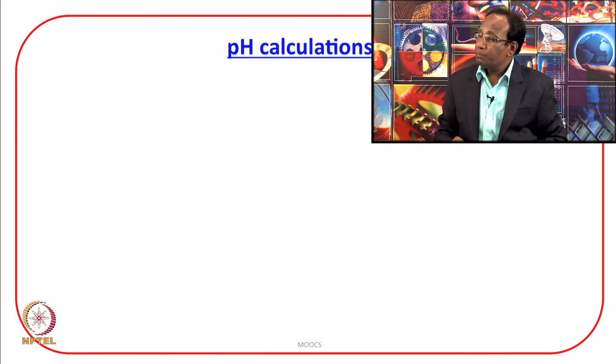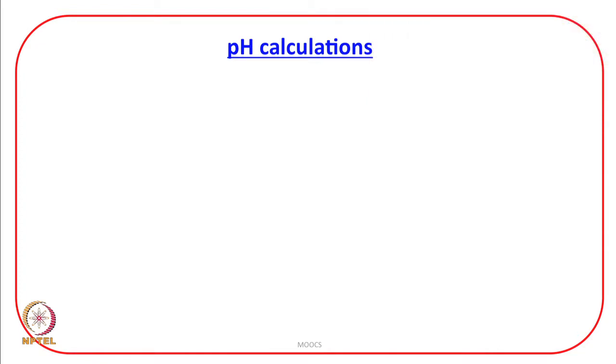How do we calculate pH? Let us discuss that. pH determination in the laboratory requires the use of a pH meter. What is a pH meter and how does it determine the hydronium ion activity or concentration? It is a matter of a different discussion.